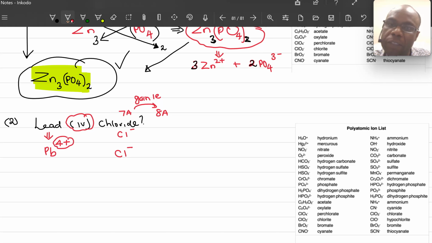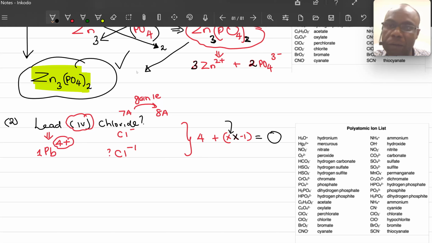So how many chlorines will you need to neutralize the 4 plus? If you want, you can do the math to determine what number is going to be here, because it looks like we only have 1 Pb. So say 4 plus x times negative 1, because you need to know how many chlorines you have.